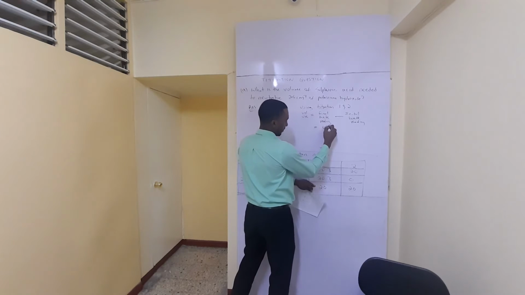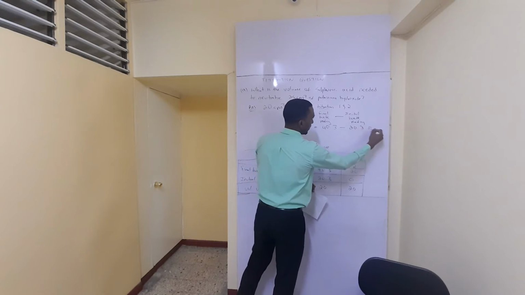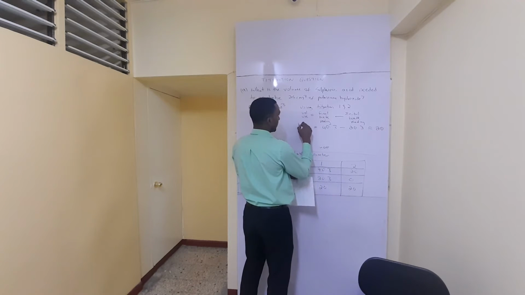So in this case, 40.3 minus 20.3 is equal to 20. So that's for titration 1.